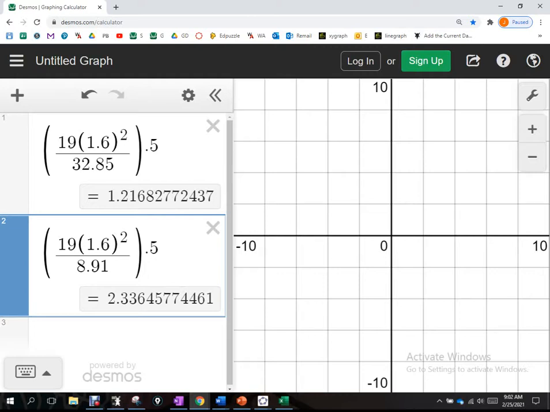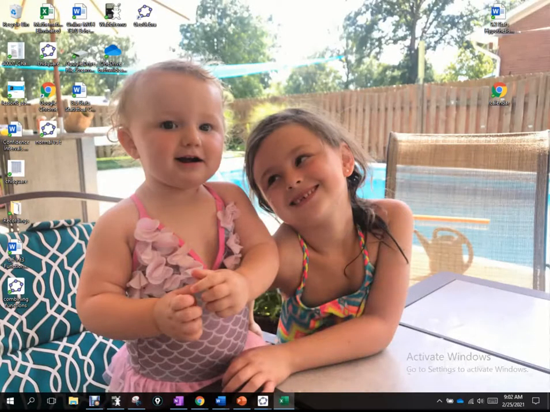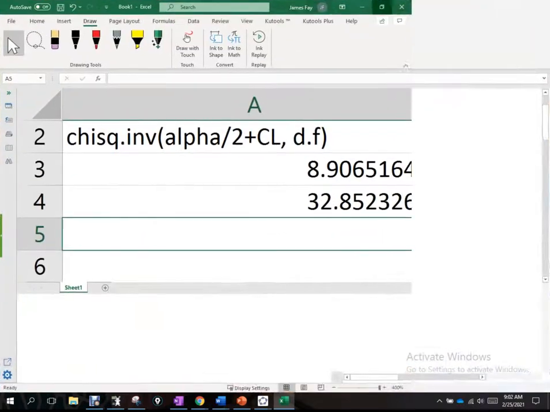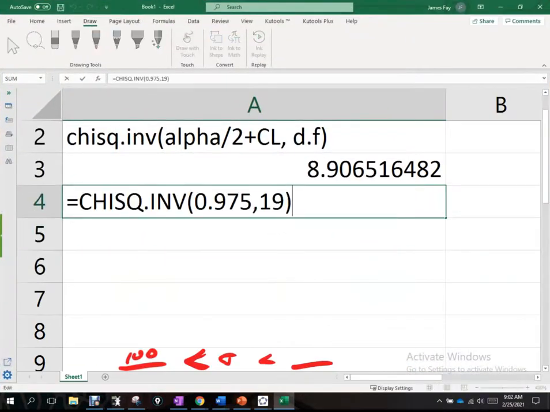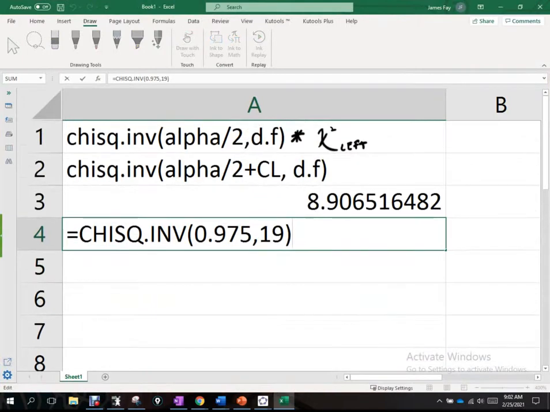Maddie, do you have a question? This 32 number? That 0.975 is what alpha over 2 was plus the given confidence level that they wanted in the original problem.